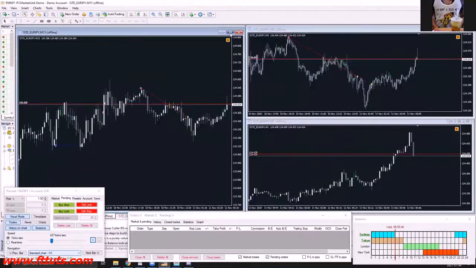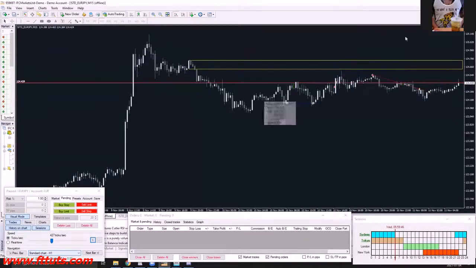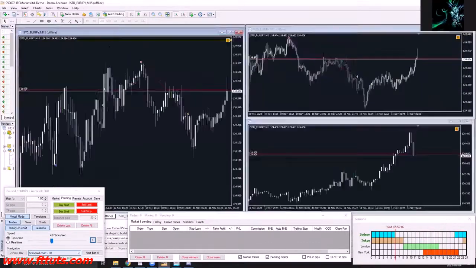Oops, just gotta mark that again. It's just ranged for 2 days. Yeah, it's pretty bad. It's literally ranged for 2 days, man. I feel the big move's coming. It's around the corner.